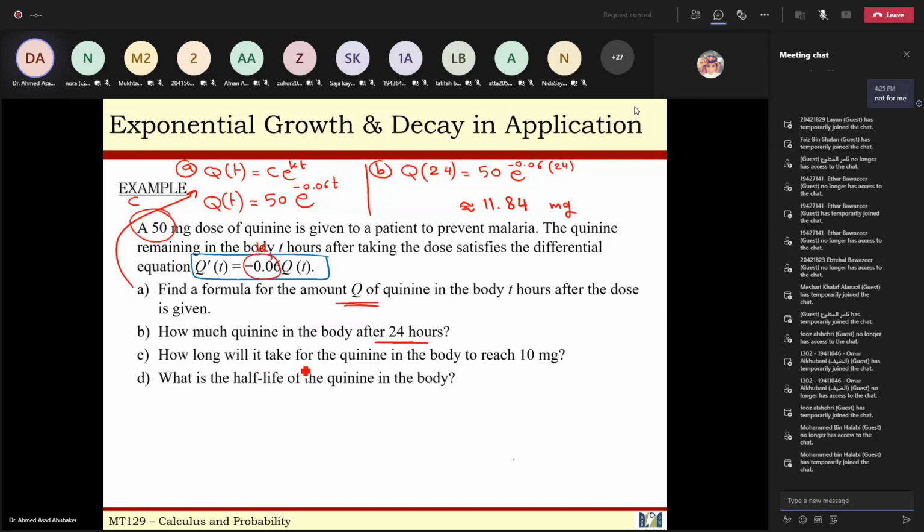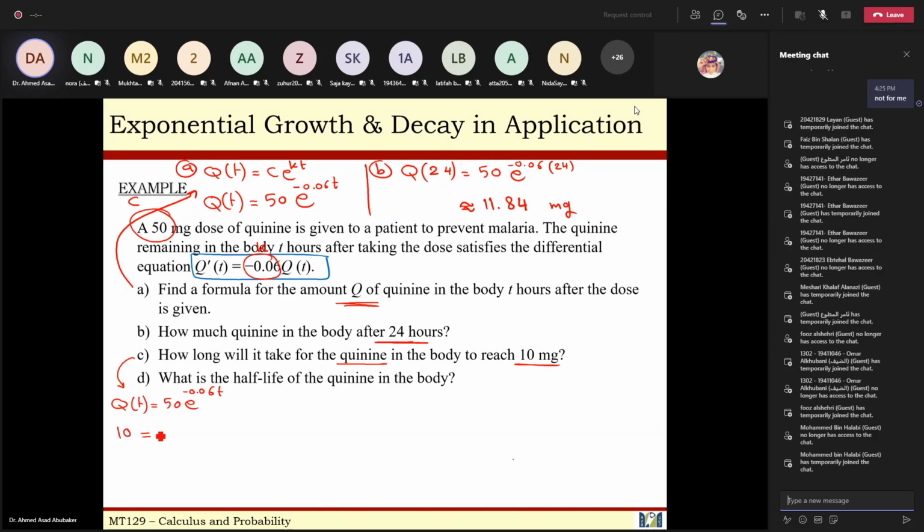How long will it take for quinine in the body to reach 10 milligrams? To reach 10 milligrams, Q of T in general equals 50 e to the power minus 0.06 T. So the quantity of quinine equals 10.